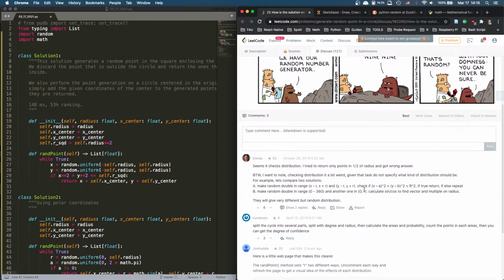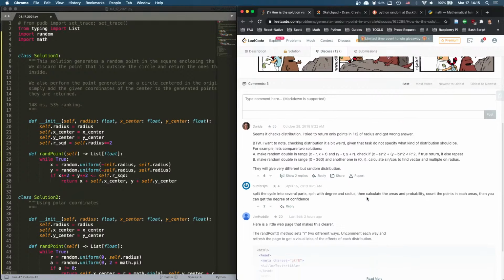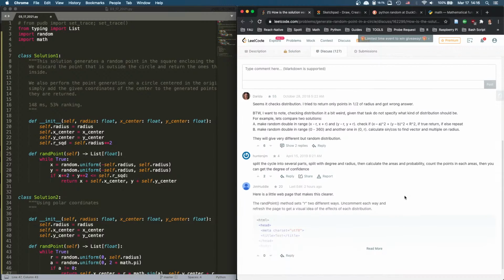They do not specify what kind of distribution it should be. Split into several parts by degree, then calculate the areas and the probability of the points in each area, then you'll get a degree of confidence.